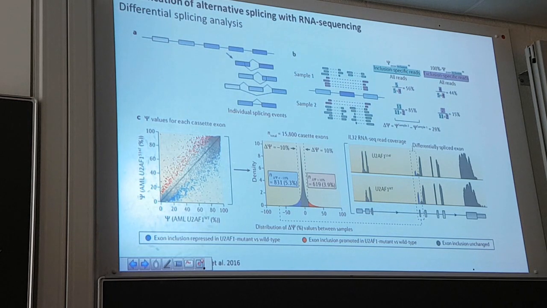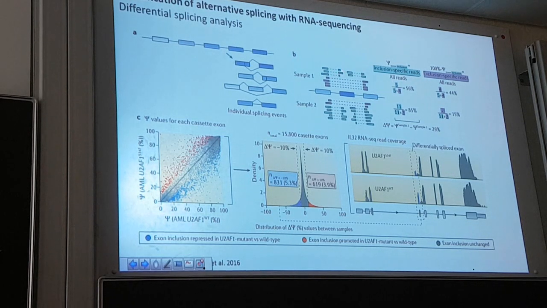And then the other approach is differential splicing, where you look at individual splicing events that I mentioned before, skipped exon and things like this, where you look at the reads only in the region you're analyzing. So basically you look at these exon-spanning reads, and you quantify the inclusion-spanning reads, so the ones supporting inclusion of this exon, and exclusion-spanning reads, so the reads supporting exclusion of this exon, and you can calculate the PSI values.